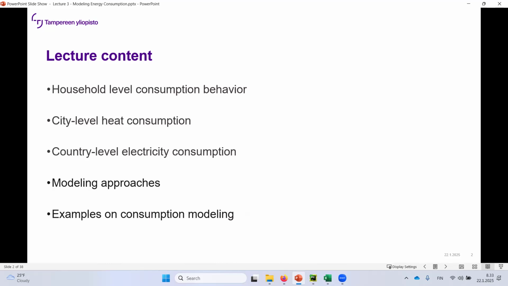And these are also present in here. So we're going to see what affects these profiles. Then we're going to see a lot of modeling approaches. A lot of them will just be an introduction, in a way that I'm going to mention the term, so you're going to have something to look up later on. We're not going to go into too much detail there. And then examples on consumption modeling.